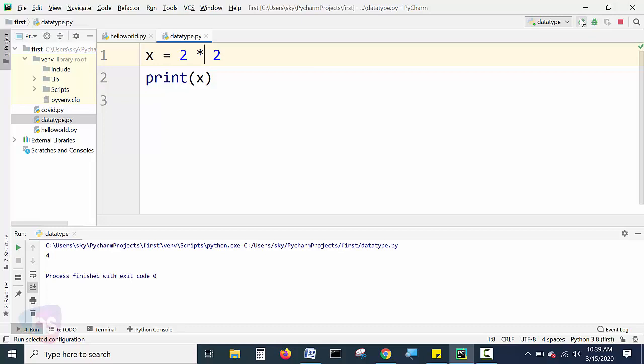And we will see one more, 3 divided by 2. We execute it and get 1.5.